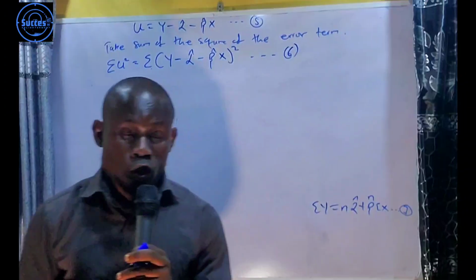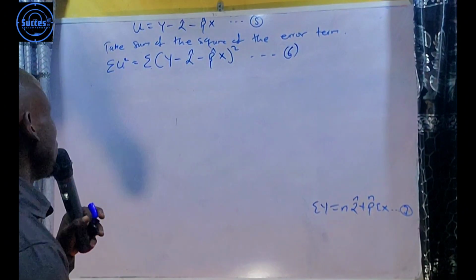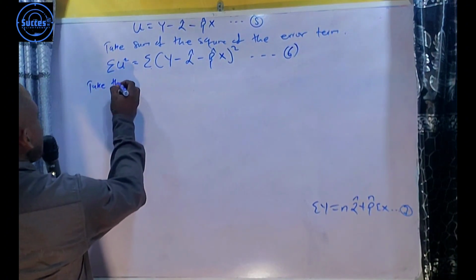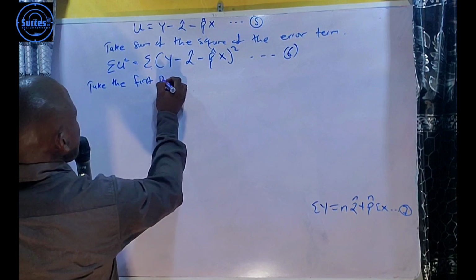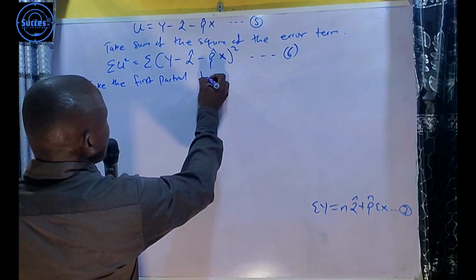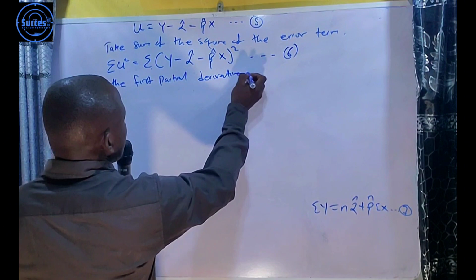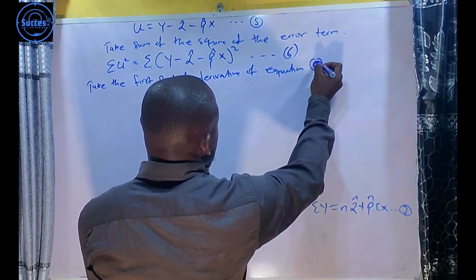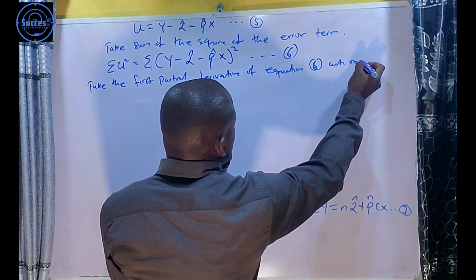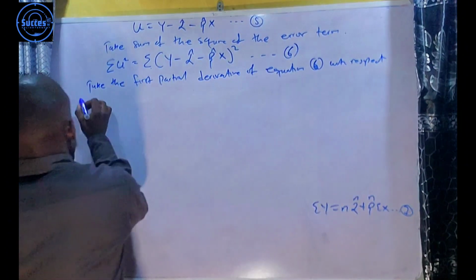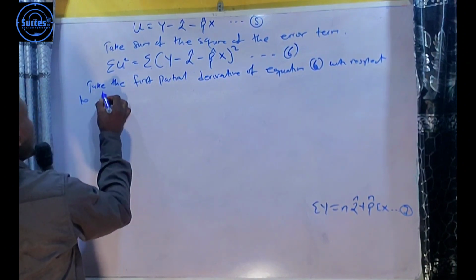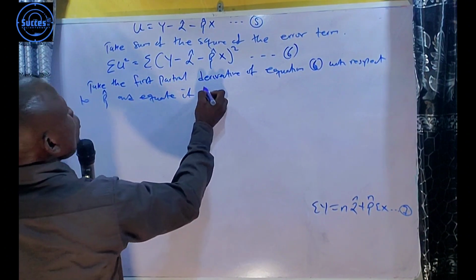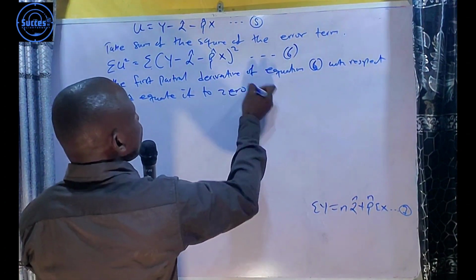So let's get right into it and find our second normal equation. To find our second normal equation, what we simply do from here is we take the first partial derivative of equation 6 with respect to beta estimate, and we equate it to 0.